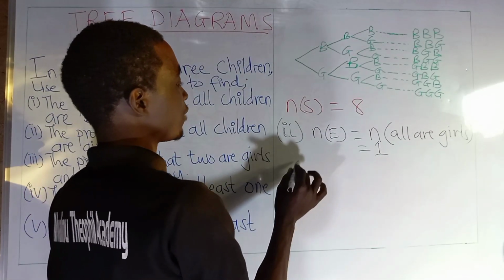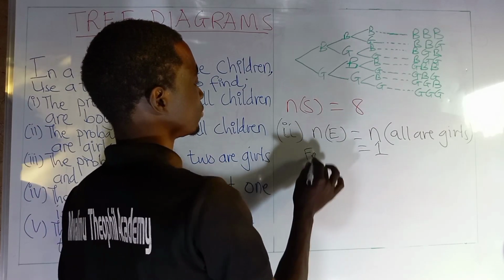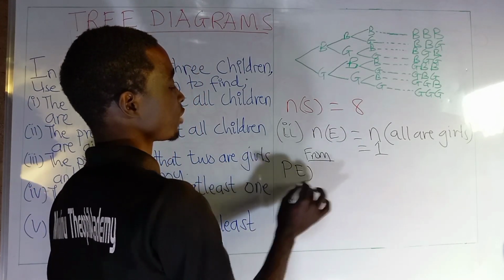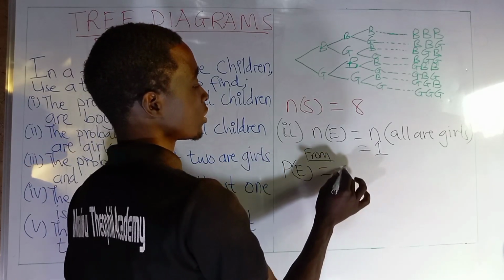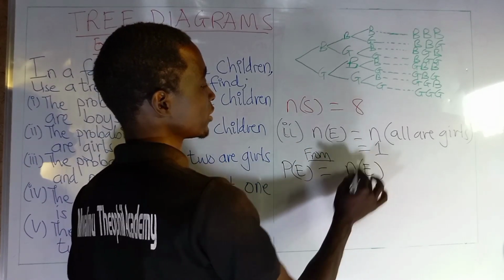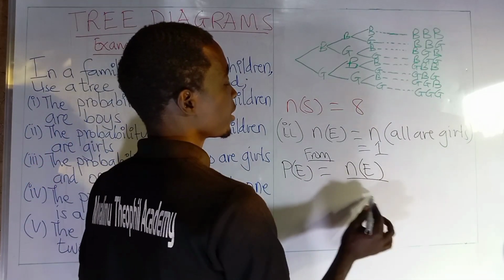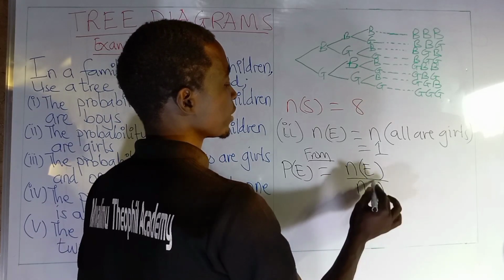So from probability of an event, we say that the probability of an event is equal to the number of events over the number of sample space.